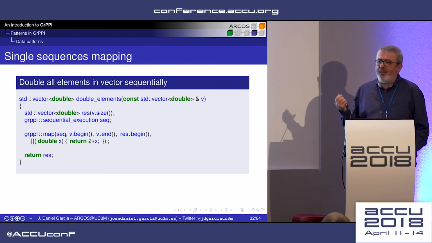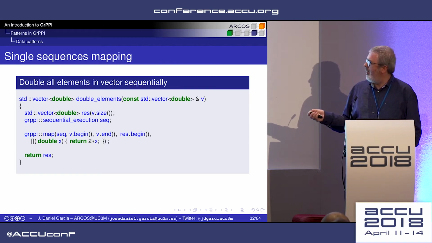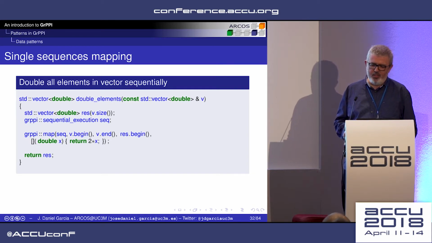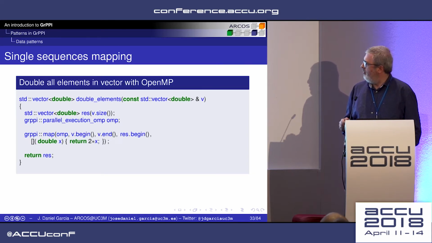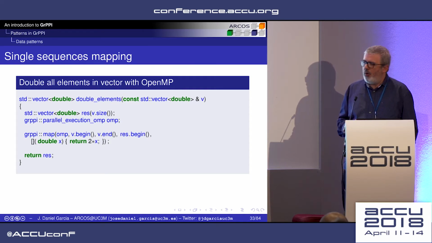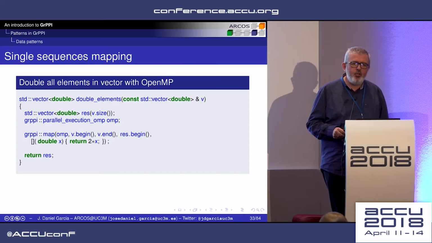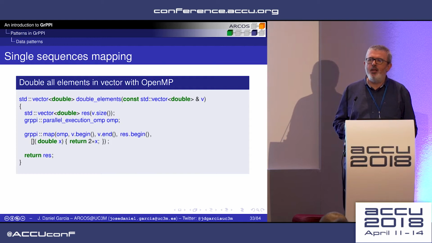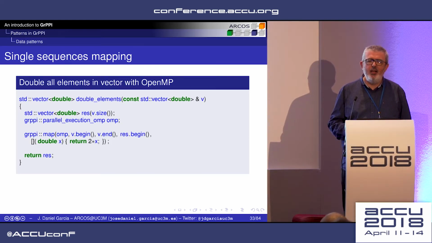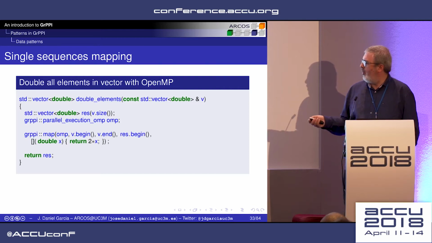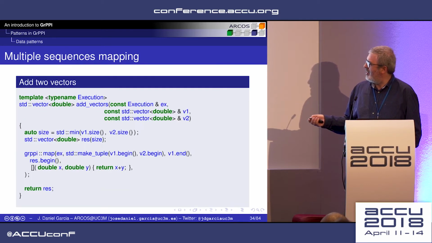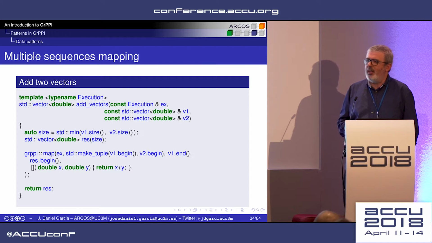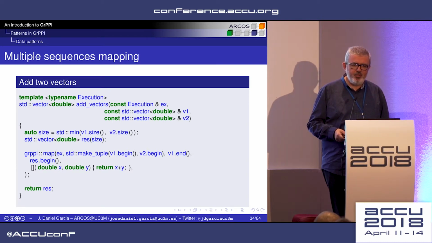If I want to run this with OpenMP, the only thing I need to do is to change my execution policy to the OMP execution policy, and that's done. Now, if I want to use more than one dimension, we diverge from the STL typical interface, and what we take as a second argument is a tuple of iterators.